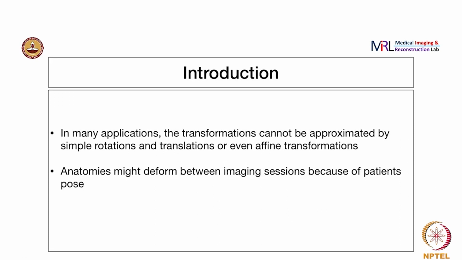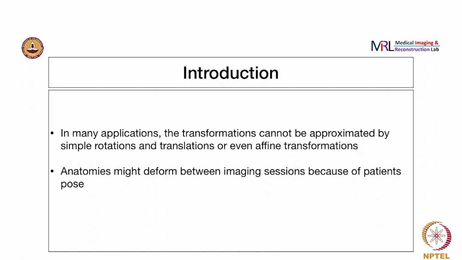So in many applications, the transformations that we use for registering two images, even from the same patient, cannot be approximated by rigid transformations or even affine transformations. This is because the anatomies might deform between imaging sessions, and that might also be because of the patient's pose. For instance, in some applications, the patient lies in the bed for a prolonged period of time and images are acquired over a particular anatomical location.